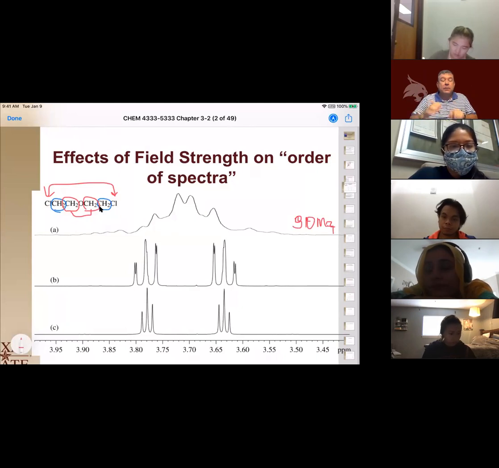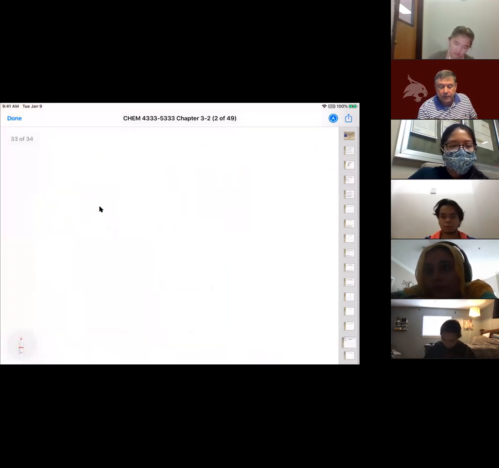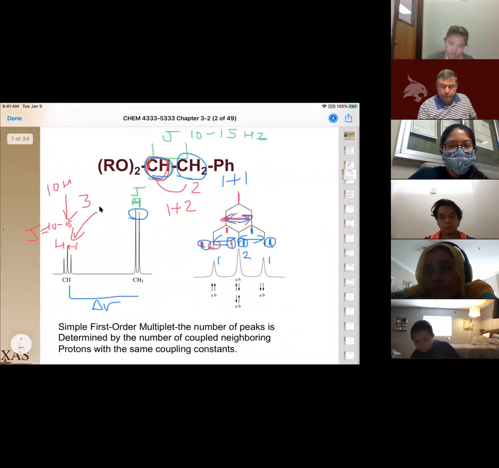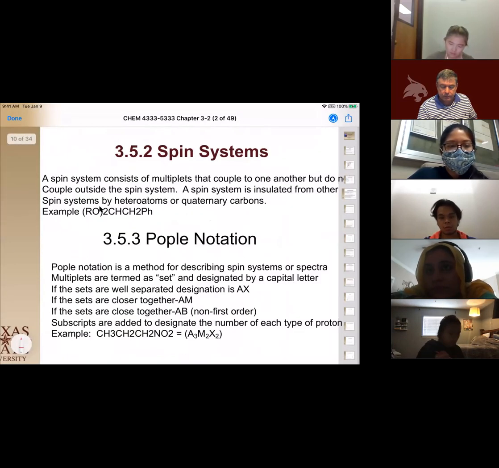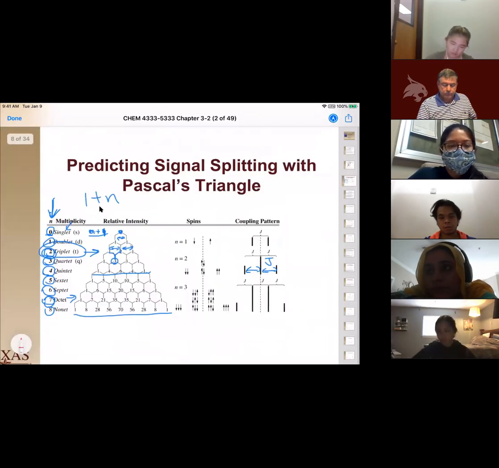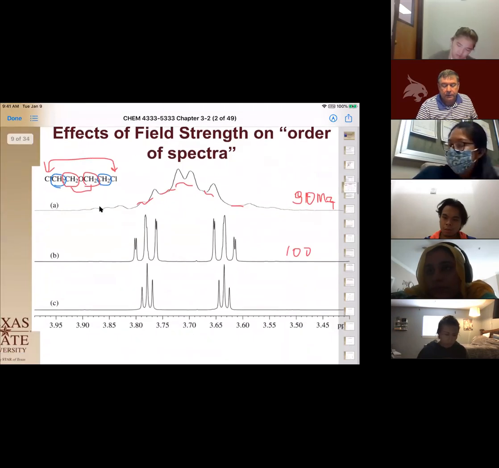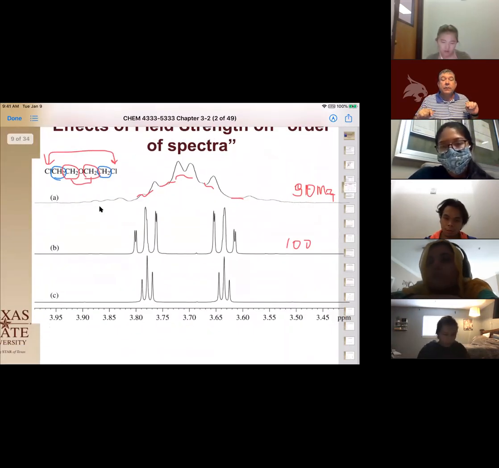When we can't get a full separation of peak to baseline, we end up getting these kind of mushy additive effects. If we go up to a 100 megahertz NMR, we start seeing differentiation here.